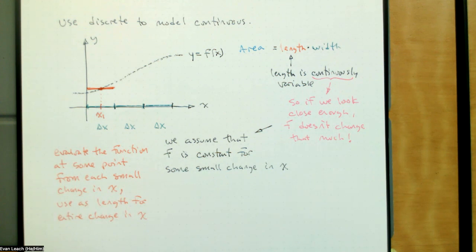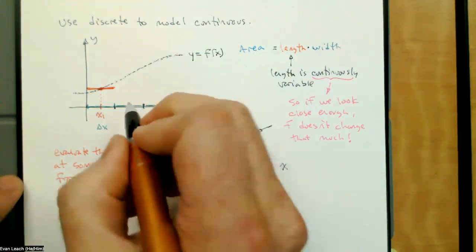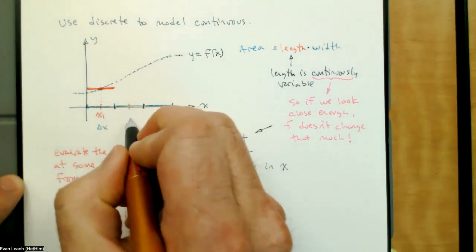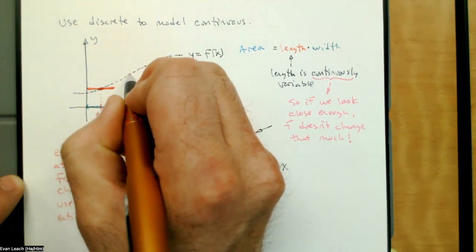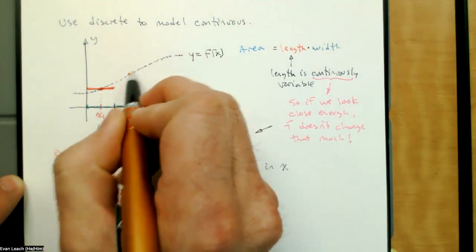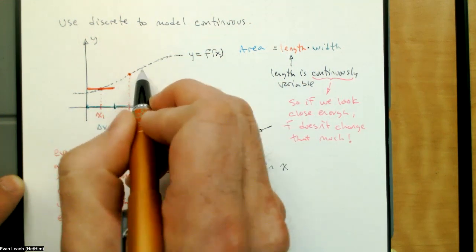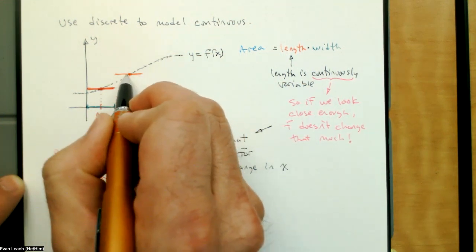Now that we've flattened out the function, at least in pieces, I'll go on to the next one and choose a different value, like an x2. I'll just evaluate the function there. Instead of having the function have all this change, I'm just going to flatten this out.